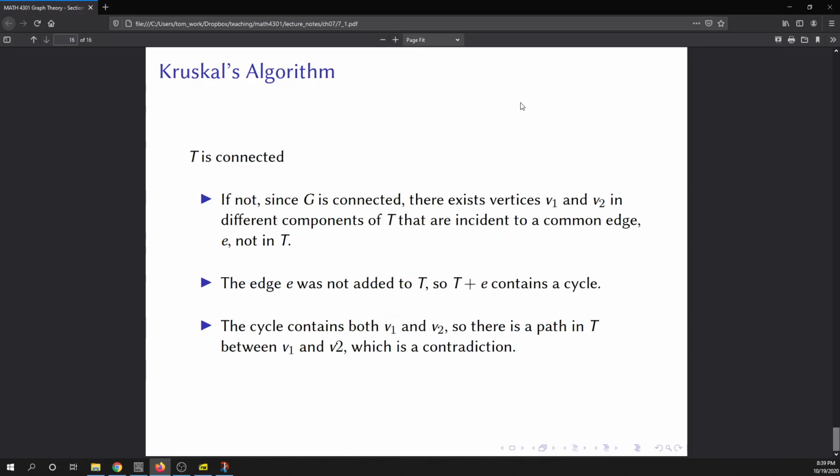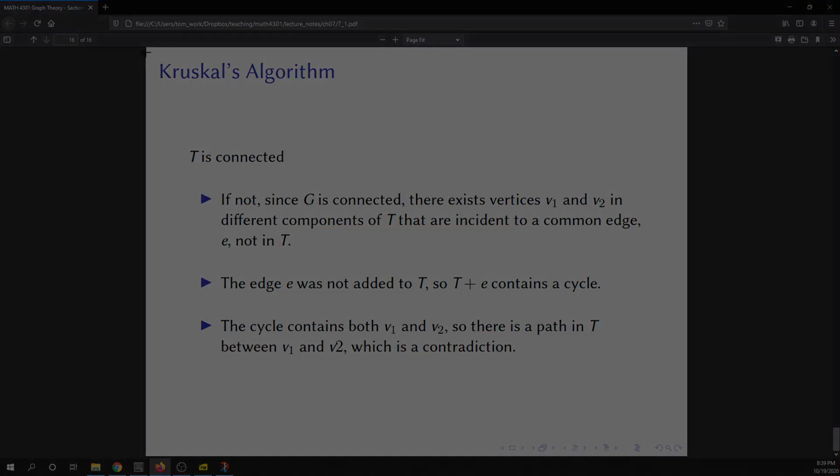So the last thing we're going to prove here is that T is connected, okay? And so again, we are going to suppose that it is not connected, all right? And again, I'm going to draw a picture here.